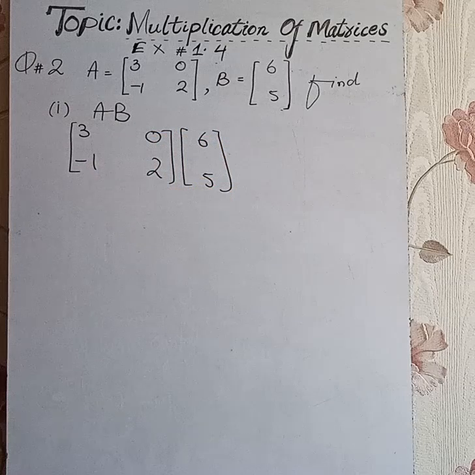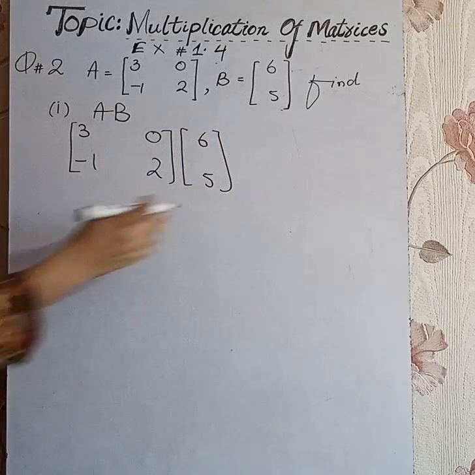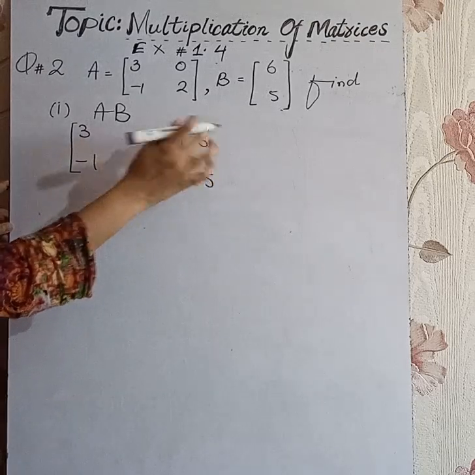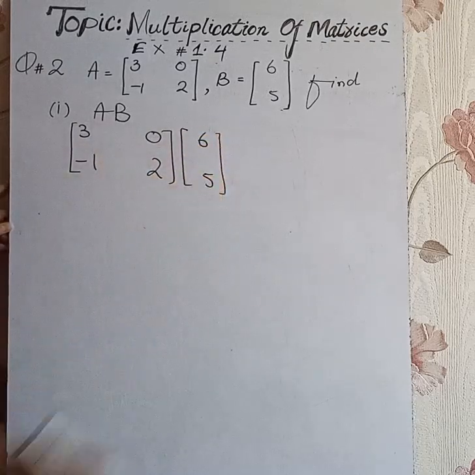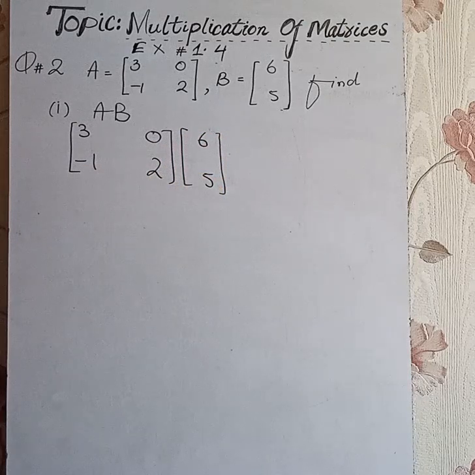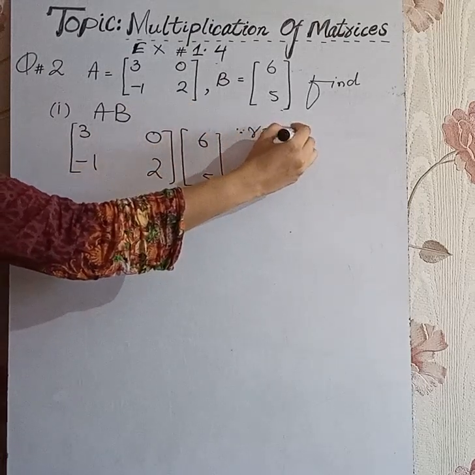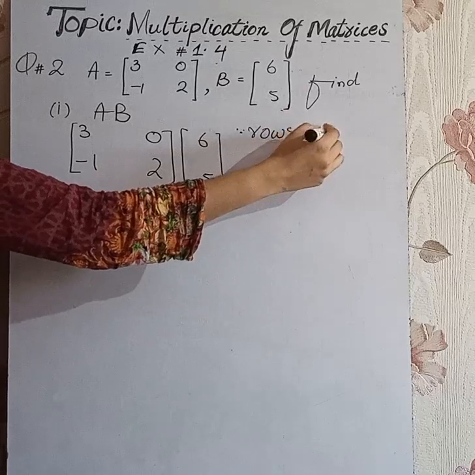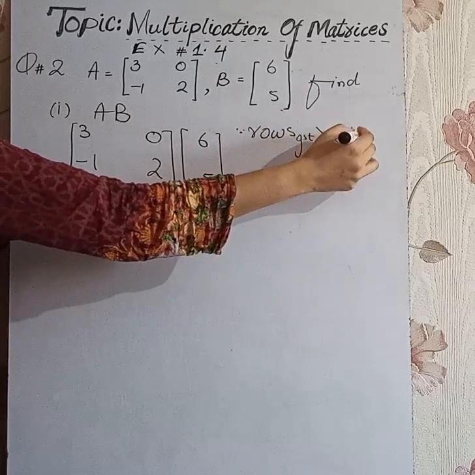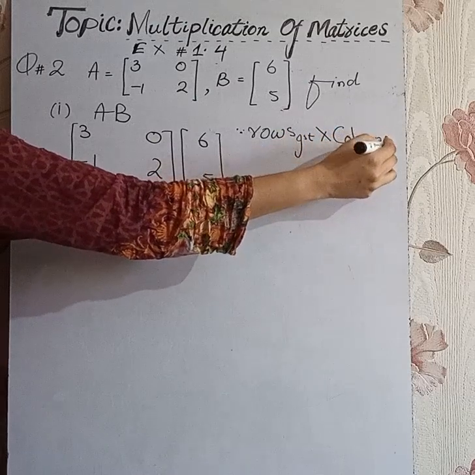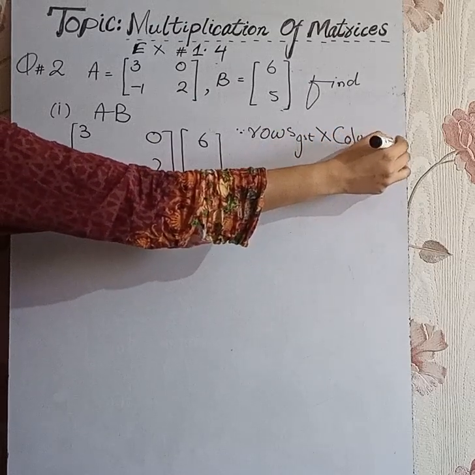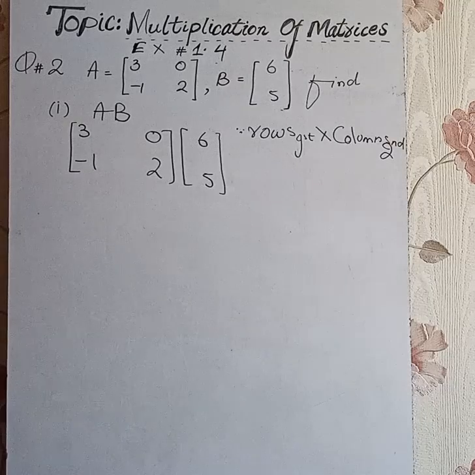The rule that you will have to keep in mind when we multiply matrices is this: the rows of the first matrix are multiplied to the columns of the second matrix.